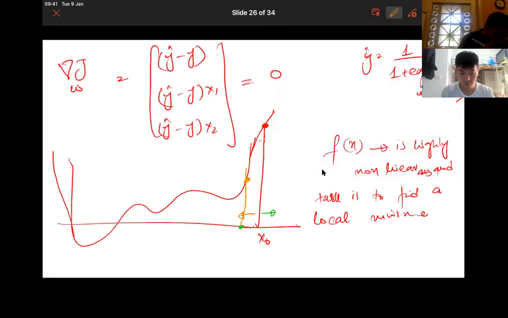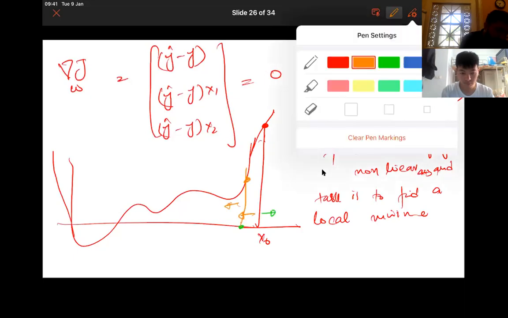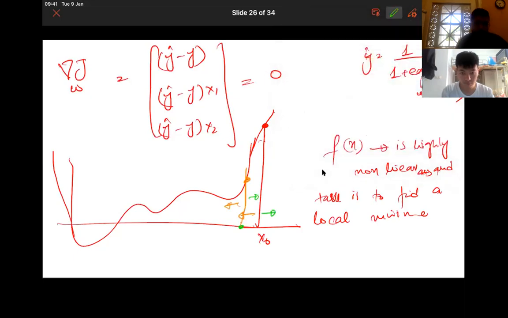Now again the same question: is the function decreasing in the orange direction or in the green direction? It's still decreasing in the orange direction, so you take a few more steps, maybe here and then here and so on.